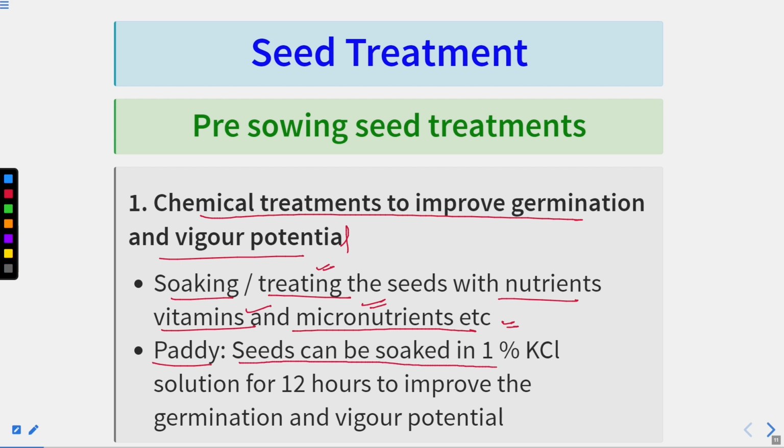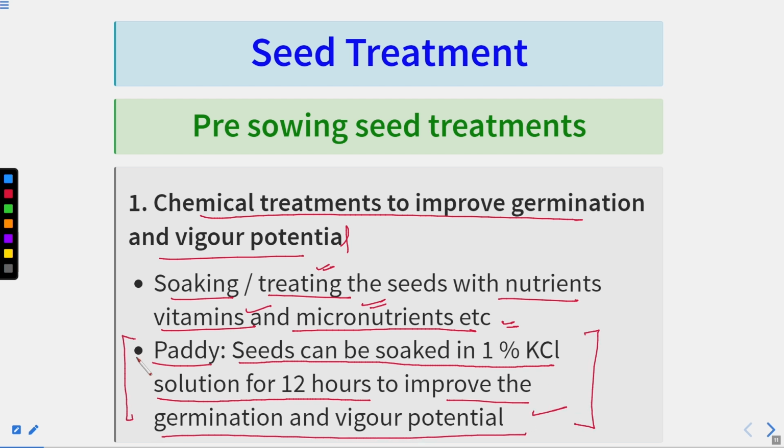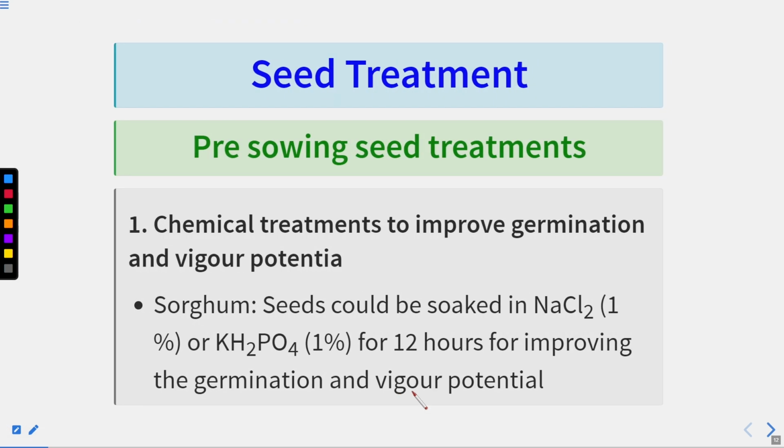Paddy means rice, right? For rice, seeds can be soaked in 1% KCl, potassium chloride solution, for 12 hours, and it improves the germination and vigor potential.